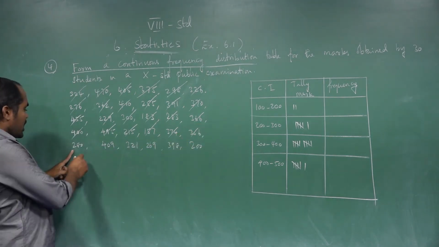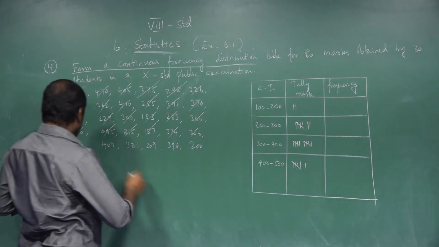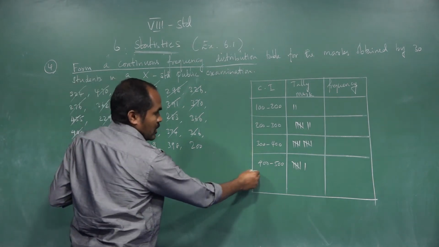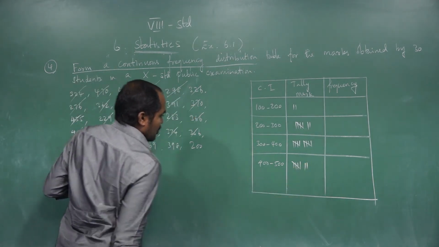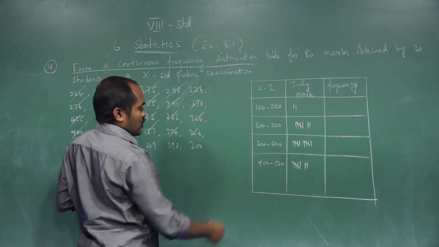So our 280 lies between 200 to 300. So draw one line here. 409 lies between 400 to 500. So draw one line here. 321 lies between 300 to 400.